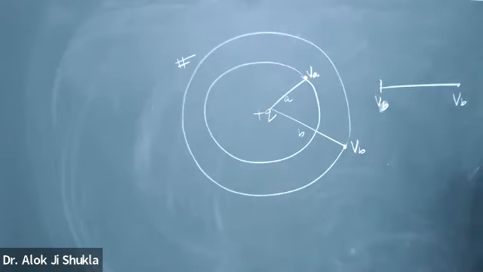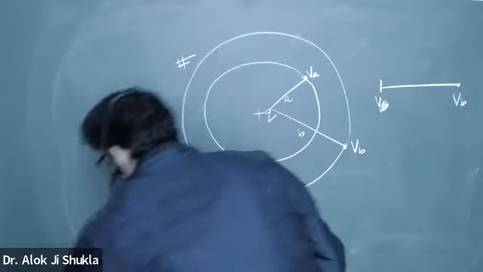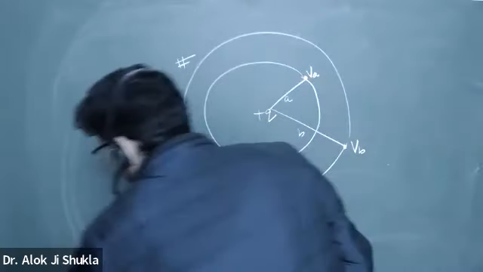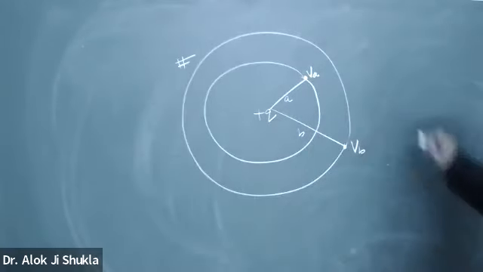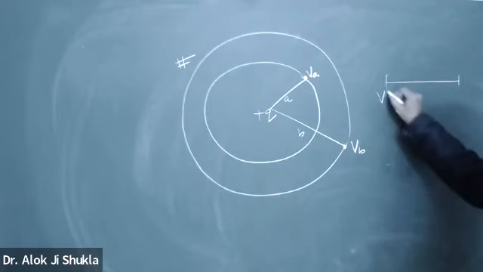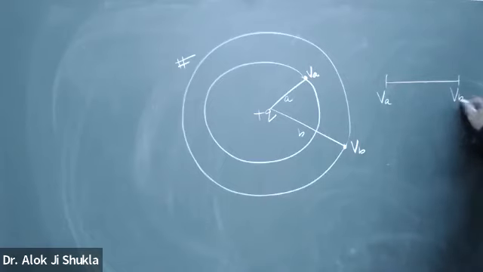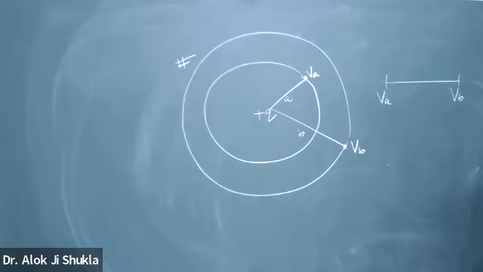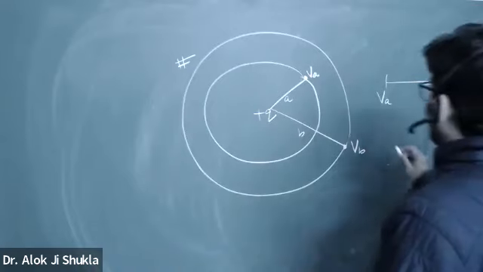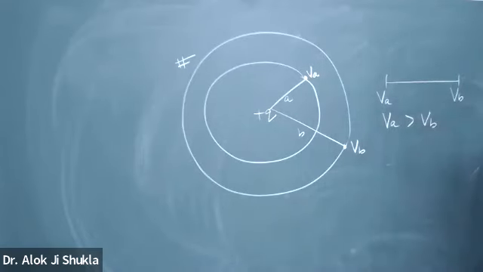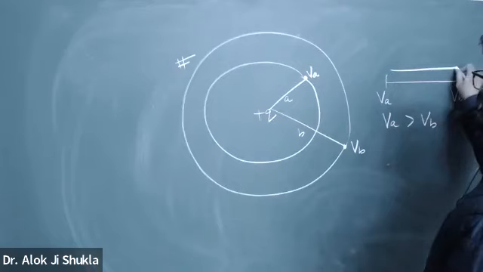Right? Are you able to understand this? At this point the potential is VA and at this point the potential is VB. So VA is greater than VB, right? So that's why the field will be in this direction.